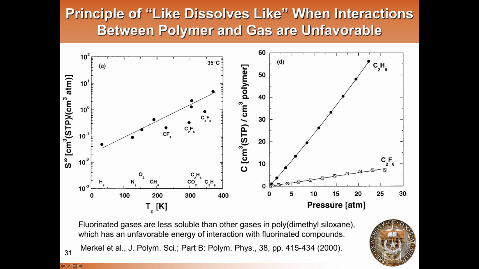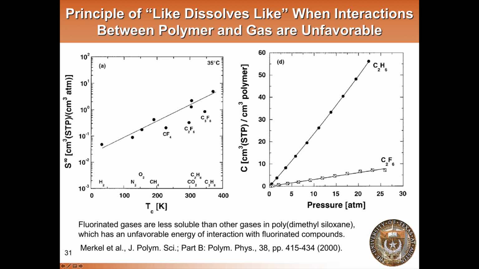What's shown over here is the solubility isotherm, or concentration of gas dissolved in silicone rubber as a function of pressure for ethane and perfluoroethane. You can see a vast difference in the uptake of gas in this hydrocarbon-based polymer, whether you're dealing with a hydrocarbon-based gas or a fluorinated gas.